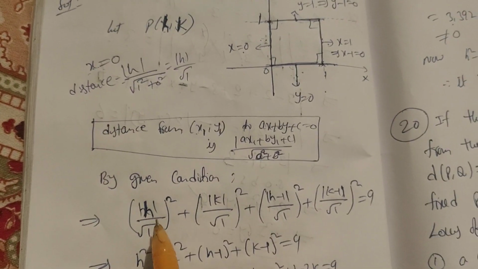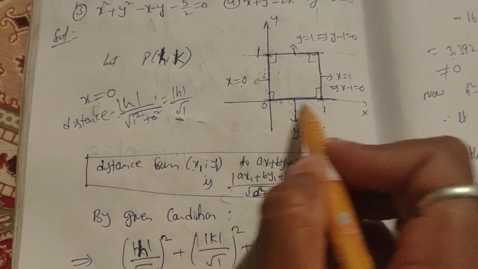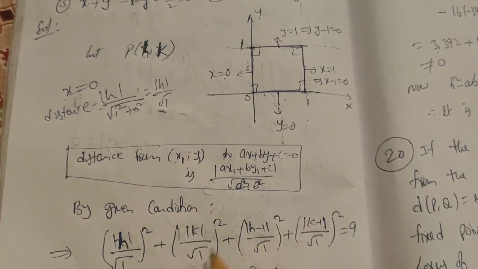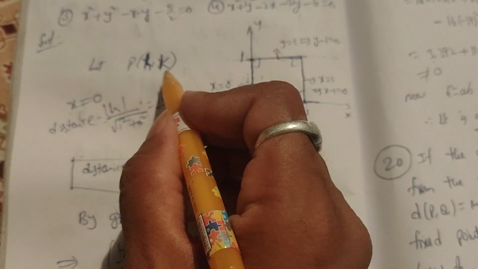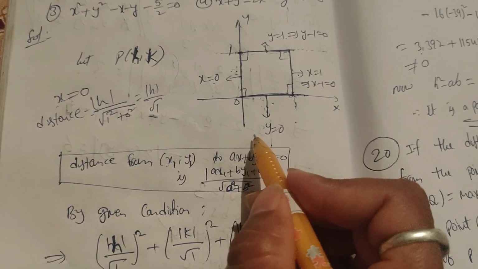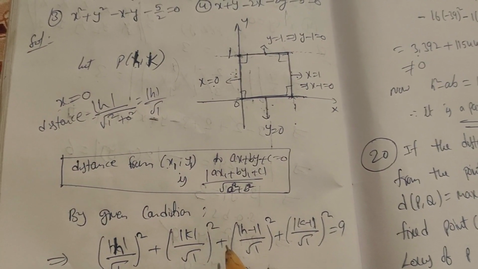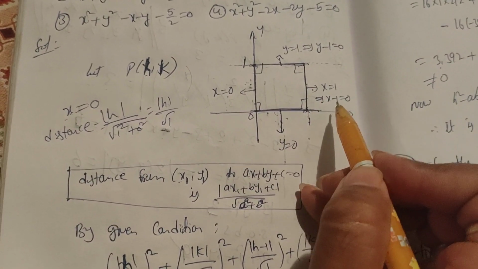So the first squared distance is mod h by root 1 whole square, plus the same for y is equal to 0. So mod k, because in place of y we substitute the second coordinate k, divided by the y coefficient 1, root 1 whole square, plus x minus 1 is equal to 0.